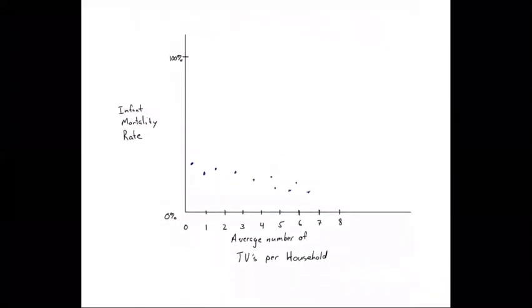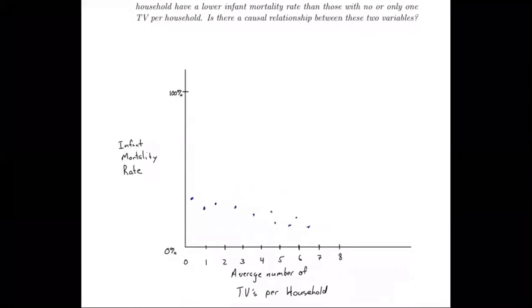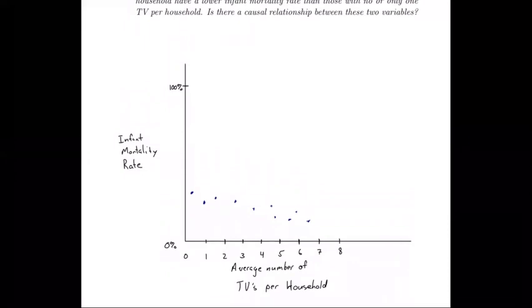Is there a causal relationship between these two things? Well, if we just looked at this graph and we were being somewhat ignorant about it, we might say yes. It does seem that if a nation has a larger average number of TVs per household, then their infant mortality rate is lower. It must be something about the TVs that causes that. Well, no, it's not.